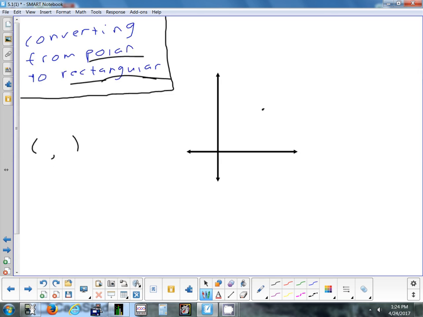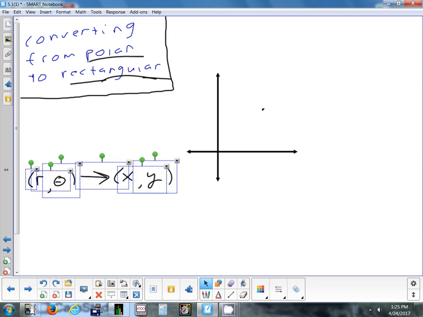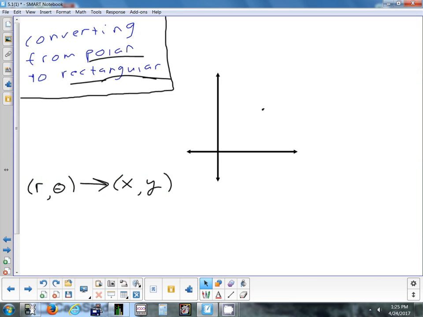Matthias? Radius and theta. Yep. And if they want it in rectangular, what are the two letters you need to figure out? You don't want r and you don't want theta. X and y. You want to turn it into an x and y. So we're going to convert an r and a theta into an xy coordinate.